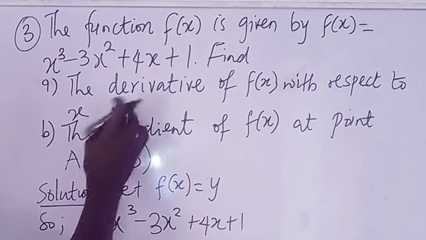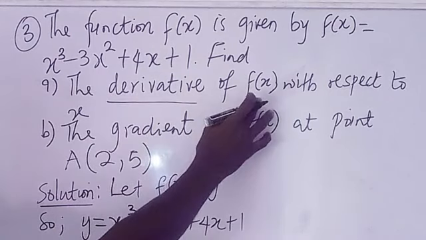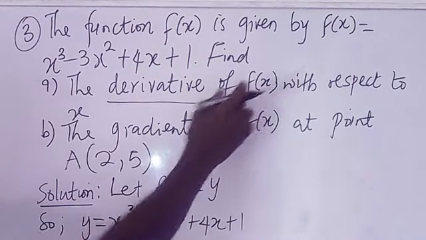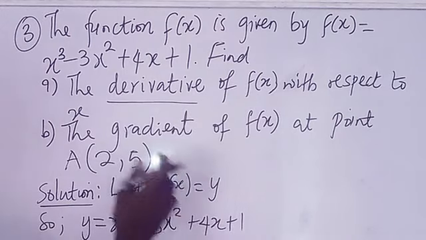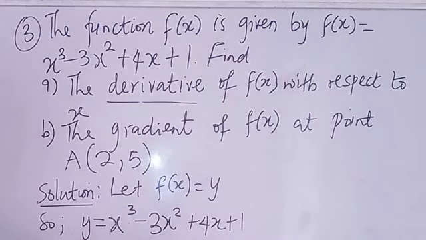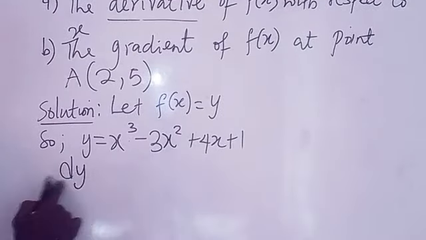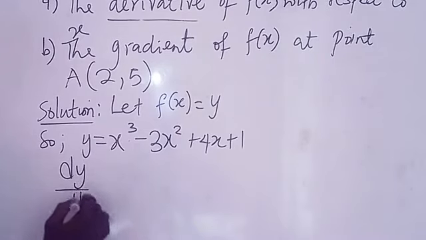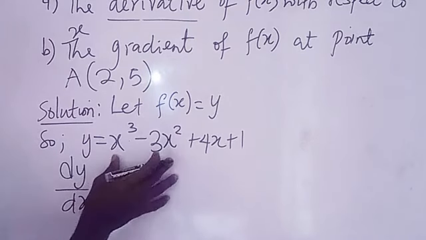So now when they say derivative of f of x, and we've already said the f of x to be y, which means the derivative of y with respect to x. So it means the derivative of y with respect to what? To x. That is dy dx of this.